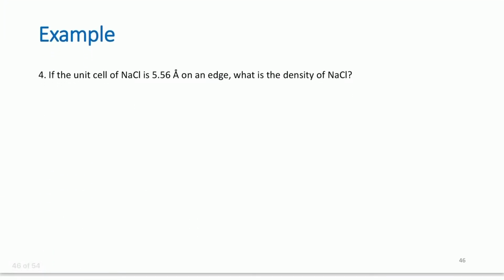If the unit cell of sodium chloride is 5.56 angstroms, I don't know why, but on this one I completely forgot to mention that NaCl is FCC, which means 4 atoms per cell. What is the density of sodium chloride? So I want the mass of a unit cell. I know sodium chloride is 58.44 grams per mole.